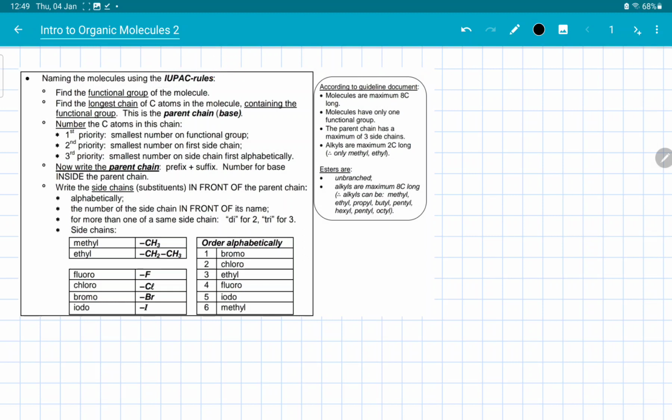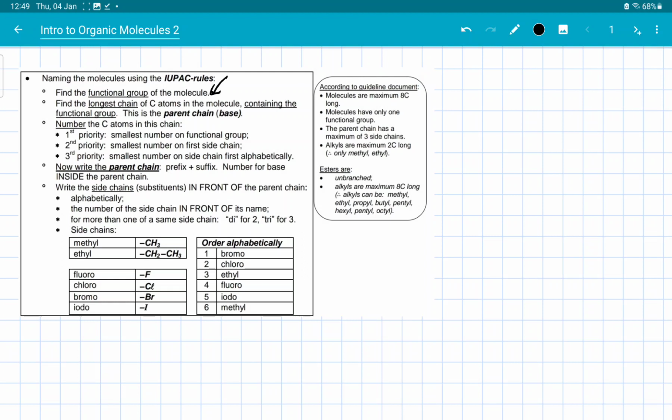Just know that these are the nomenclature rules that we use. Very important: find the functional group. Remember that a functional group can be a special atom present in the molecule, such as a halogen or oxygen, or a group of atoms such as OH or COOH, but we'll deal with those later on.